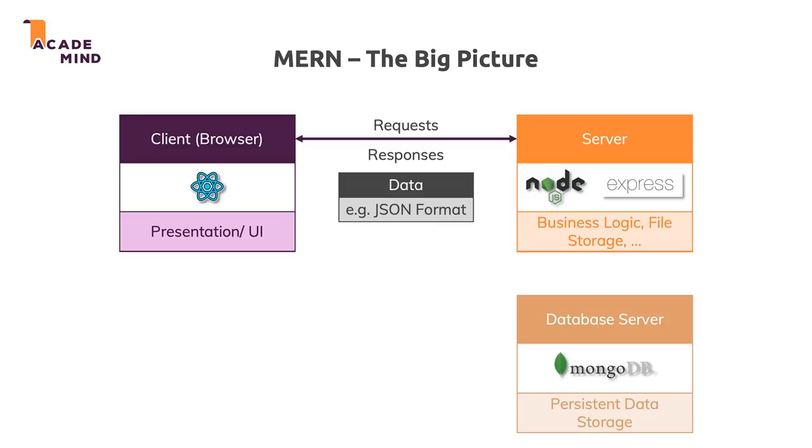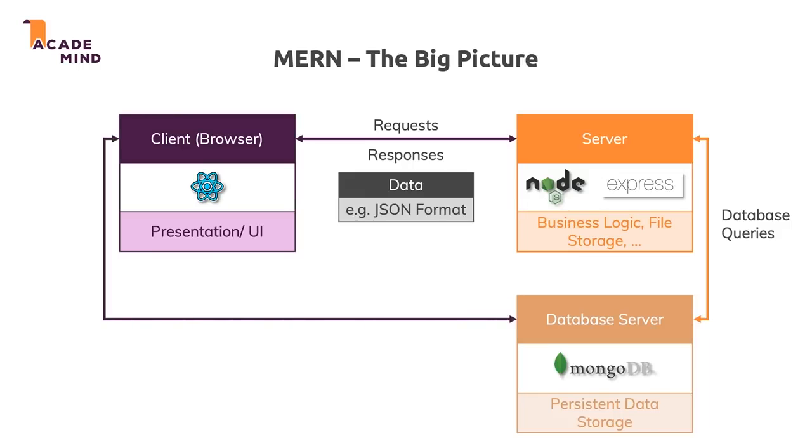Now, the important question, when we have a look at this incomplete picture here, is who's talking to the database server? And that is our Node Express application. That application sends database queries using the MongoDB SDK, or a MongoDB library to be precise, to that database server.